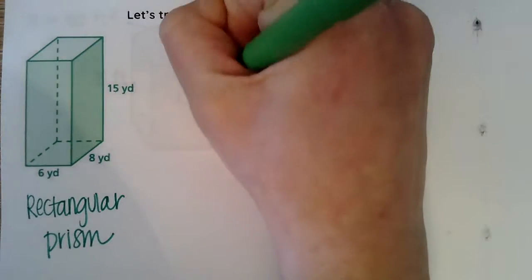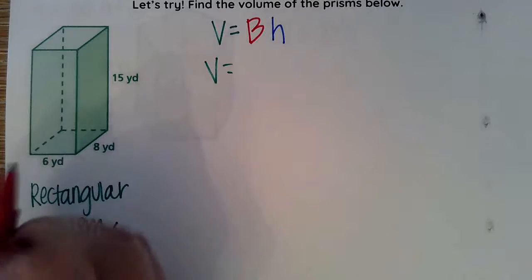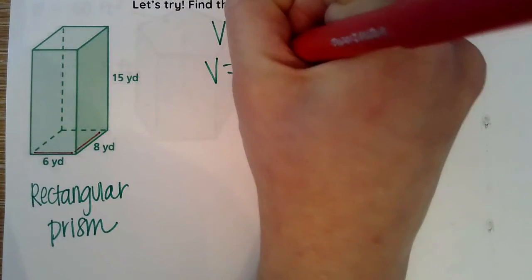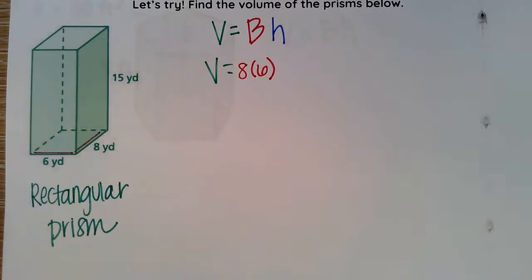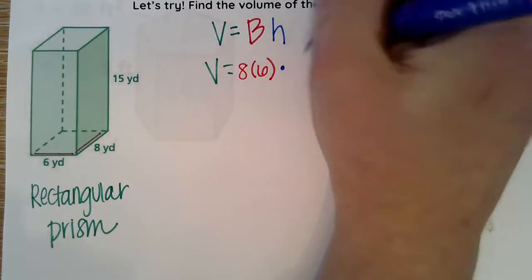This is important because for my base, I need to use the formula to find the area of a rectangle. In this case, that would be length times width. And then I multiply that times my height.